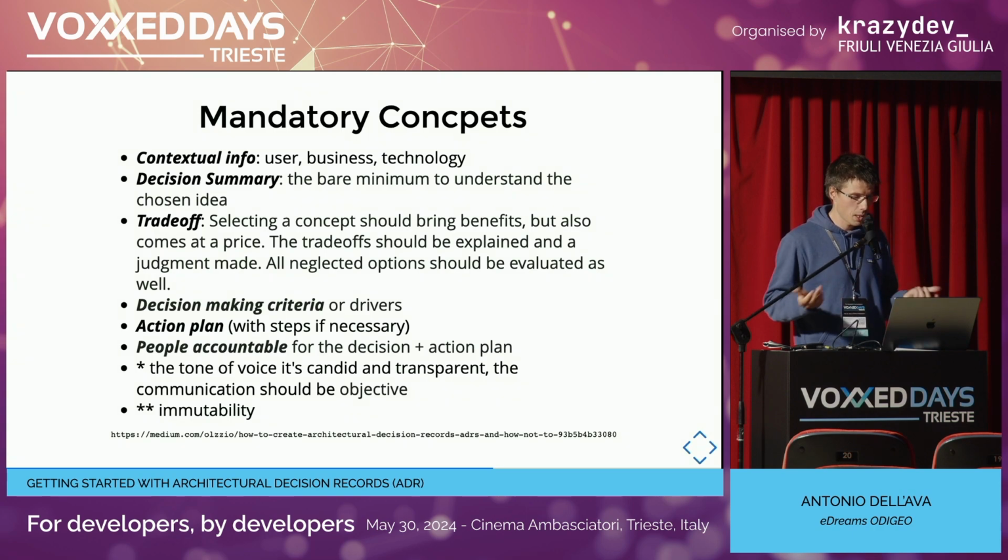The trade-off: an architectural decision is not just a description of what we decided, but includes the trade-off, all the discarded options and why we decided that, and the judgment process, everything basically. And also, very, very important, the criteria. So what are the drivers that made us pick this one instead of the other ones?